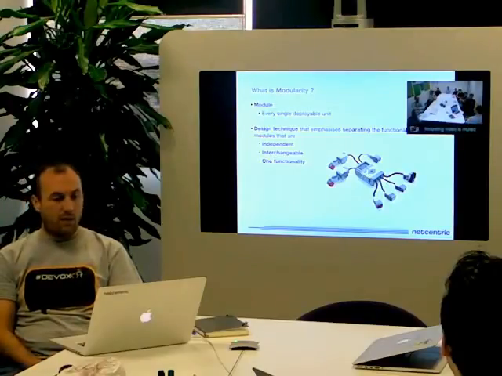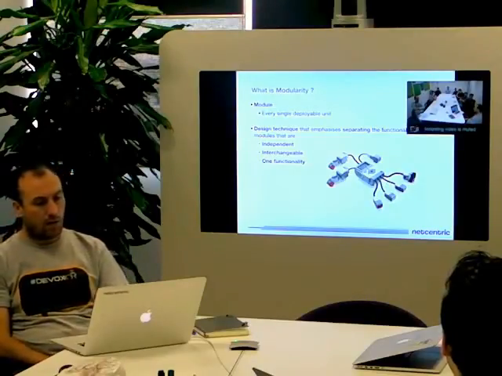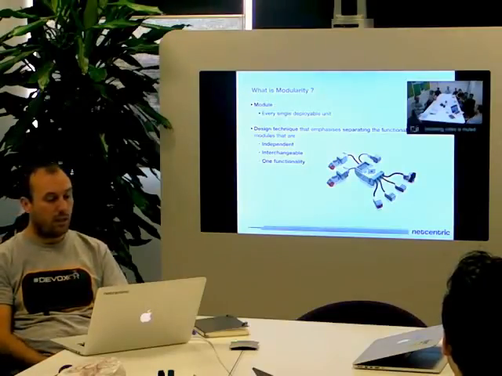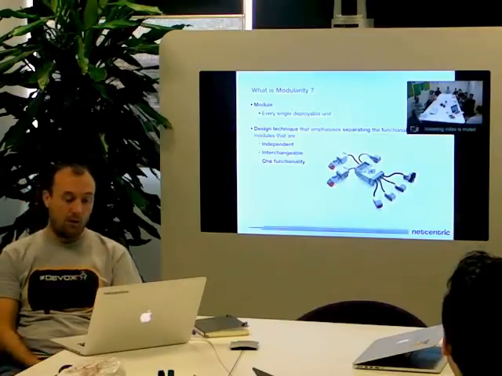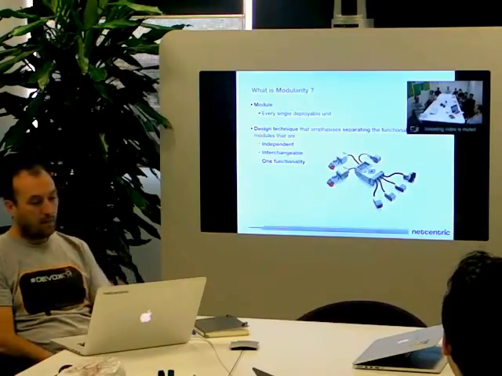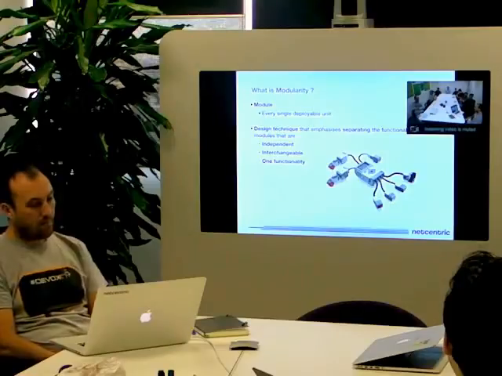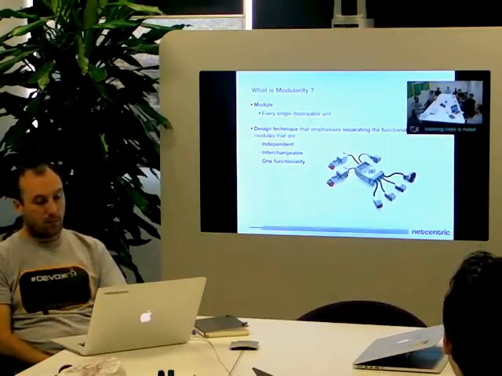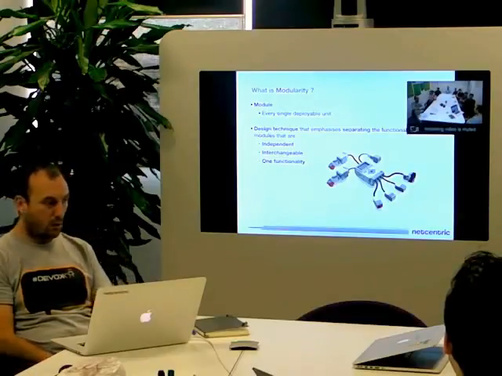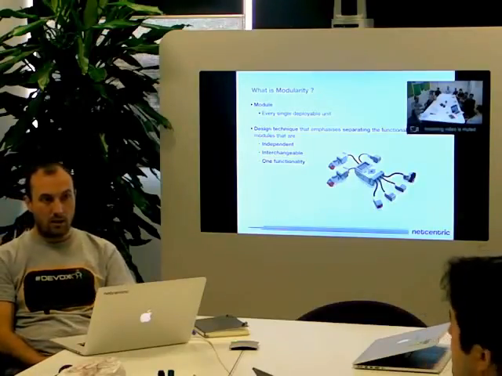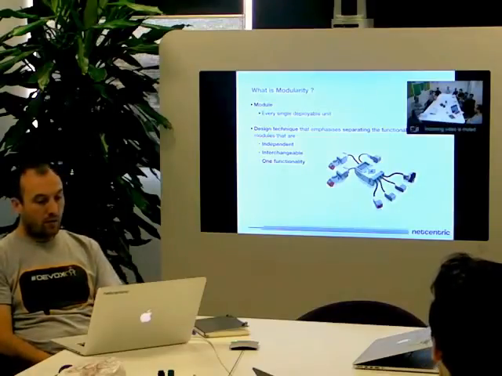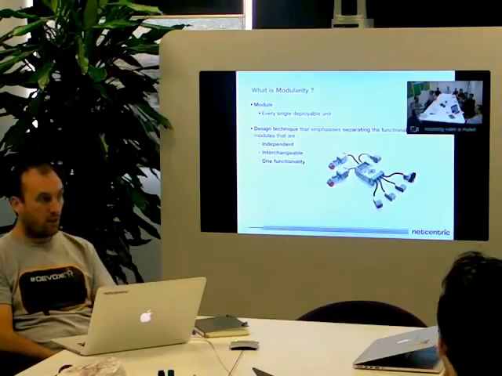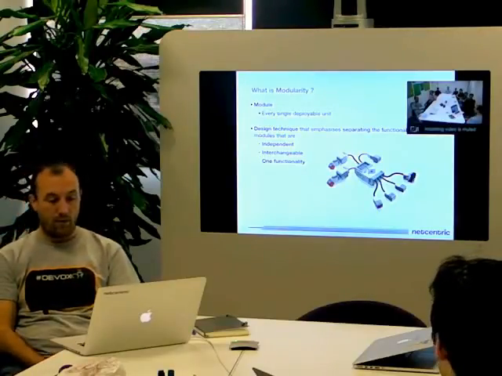And here we have a description of what modularity could be. It could be a design technique where we invest effort in creating different modules that are independent because they can run separately, interchangeable because they work using contracts and we can replace them with other modules, and the system will have to work the same way, and with limited functionality for every module to ease the separation of concerns and the reuse of them.